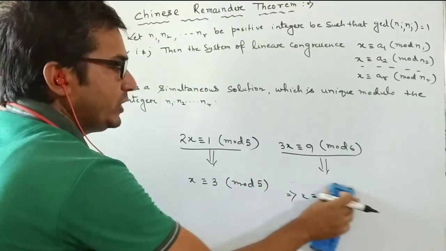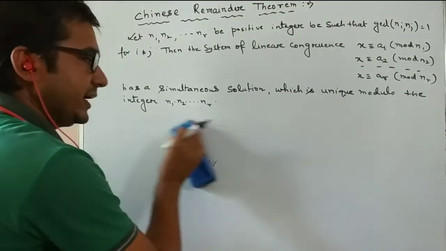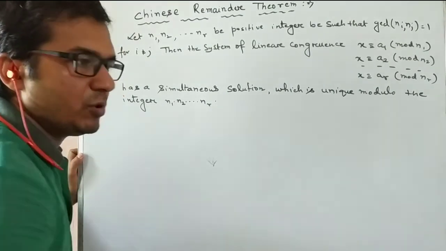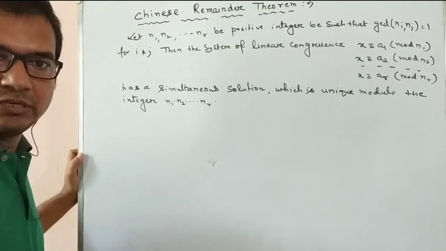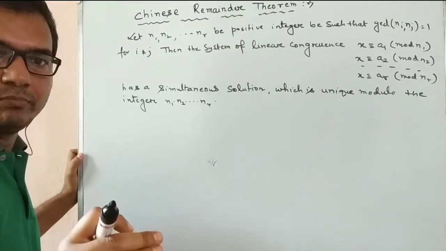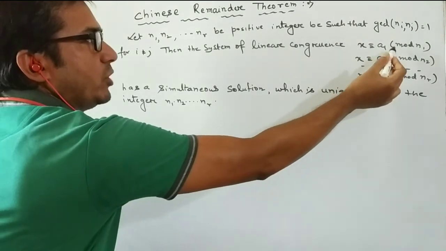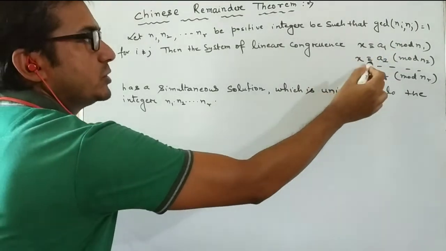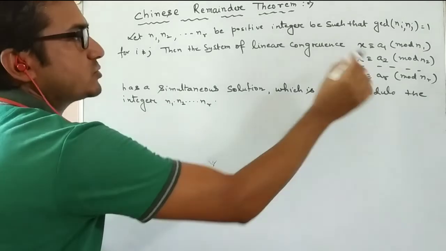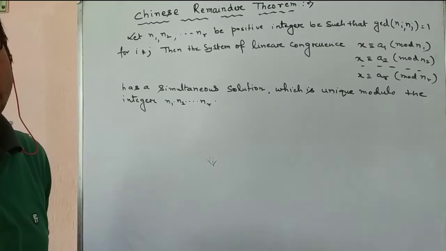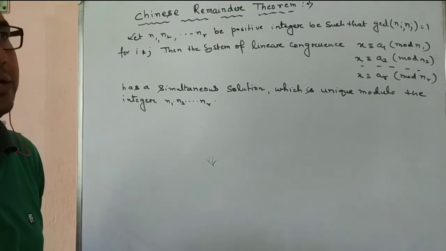So we can take a system of linear congruences in general form as x congruent to a1 mod n1, x congruent to a2 mod n2, to x congruent to ar mod nr.